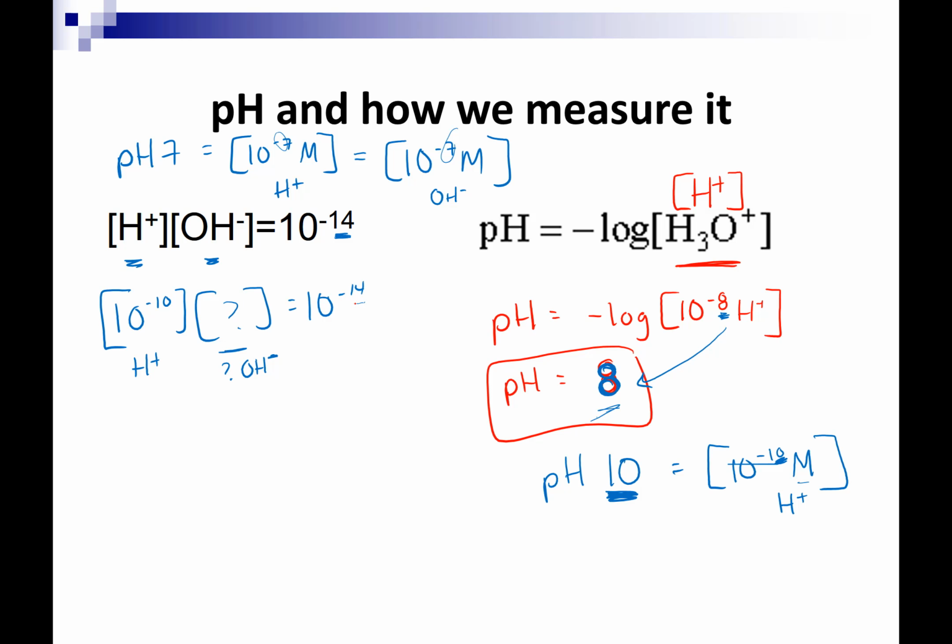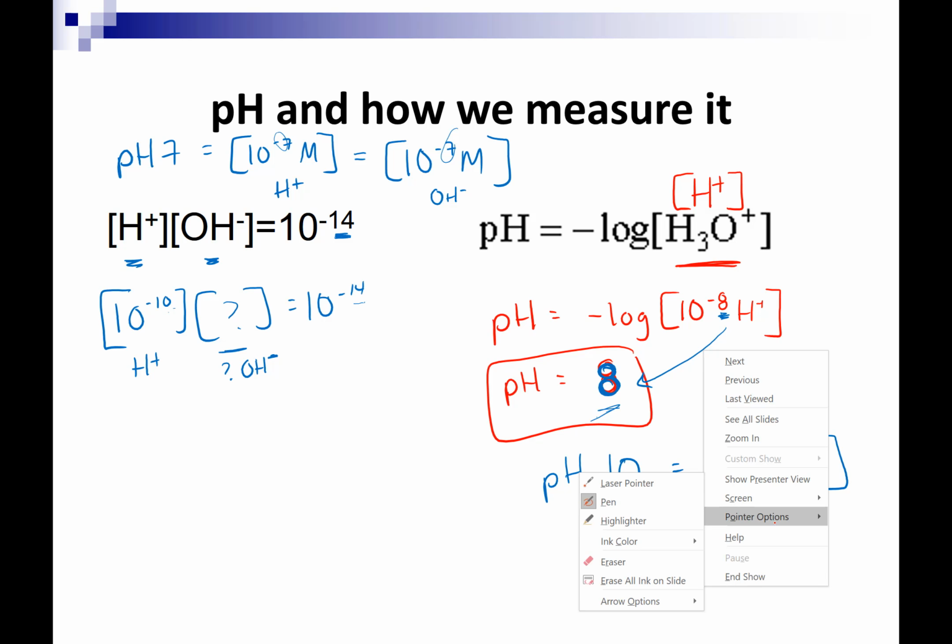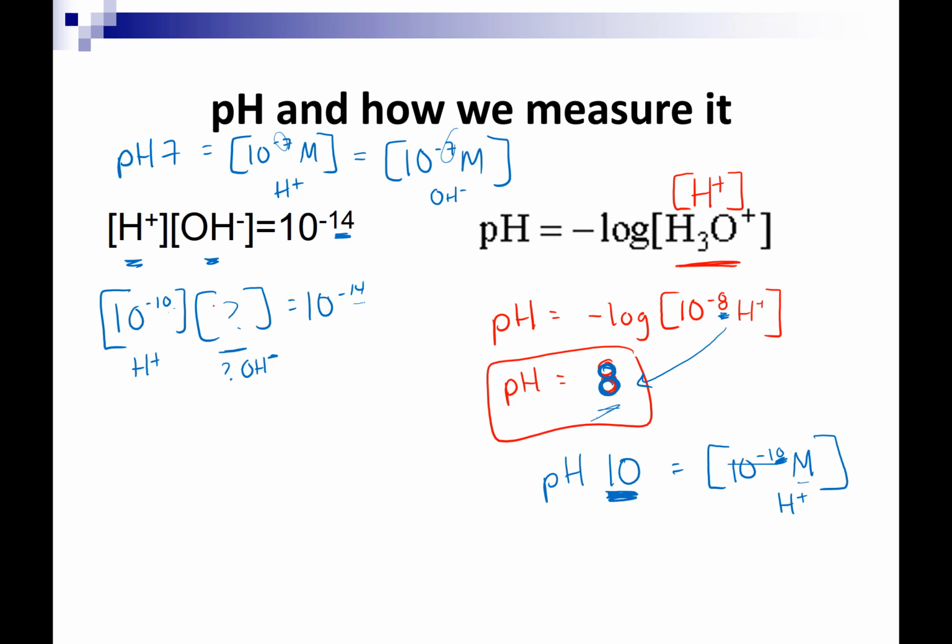All you do is you take 14 minus 10, and you get 10 to the minus 4. 10 plus 4 is 14. Okay, so these exponents always have to add to 14. Concentration, concentration, in molar units, molarity.